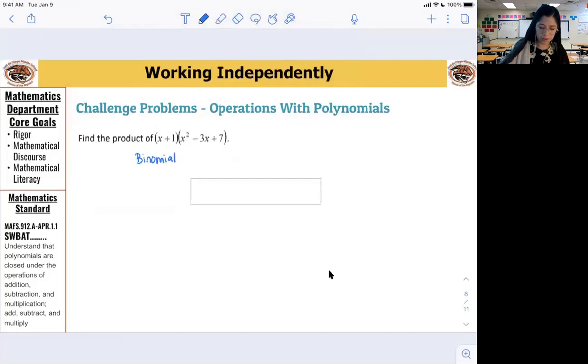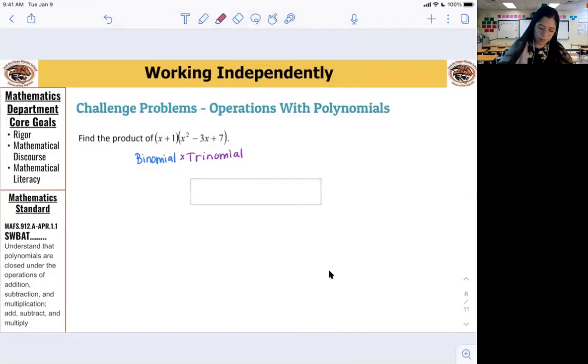So what do I do in this scenario? Do what we did for FOIL, just break it down, distribute.